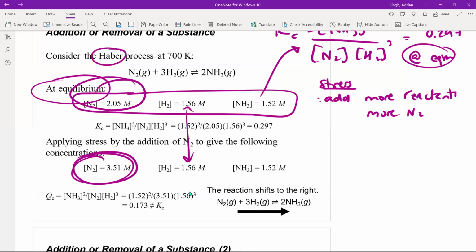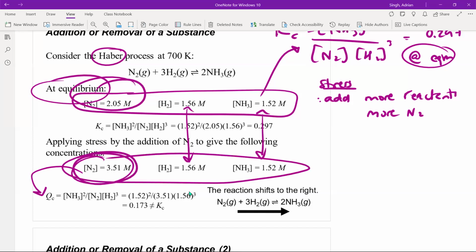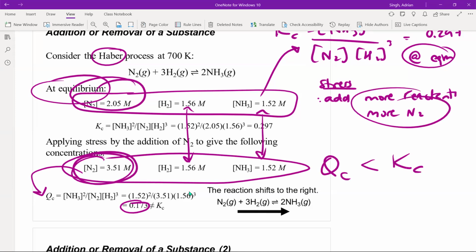The H2 is the same to start with, and then the NH3 is the same to start with. So if we plug these numbers back now into our reaction quotient expression, and we solve for Qc, we see that the Qc now ends up being 0.173. So by adding more reactant, what we find is we end up with a reaction quotient now that is less than our equilibrium constant.